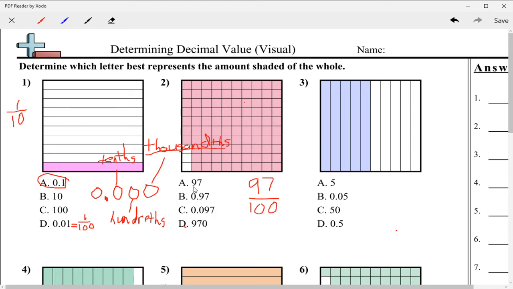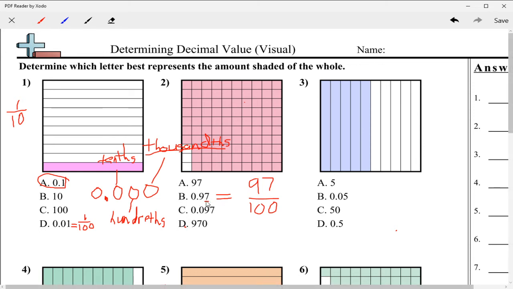And which one of these is 97 hundredths? Now I know that the hundredths is the second place value after the decimal. So 97 hundredths would be equal here. Now the most important thing about naming a fraction is whatever digit comes in the last number, or the number most to the right, that's what you're going to name it.